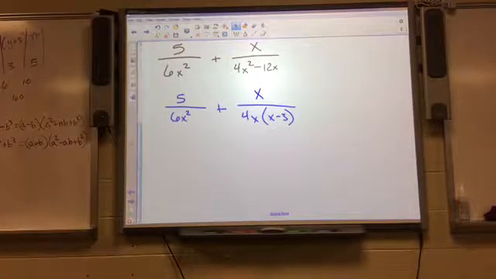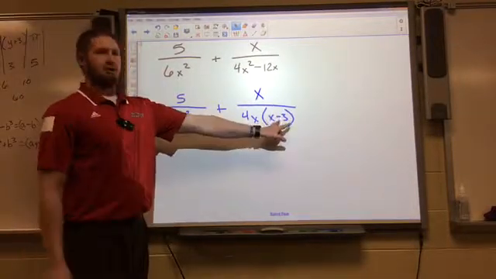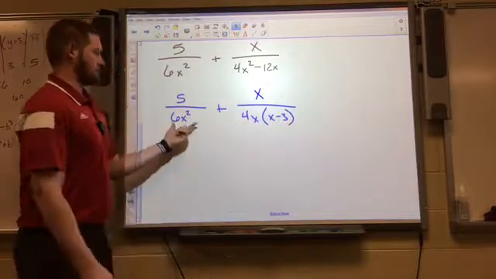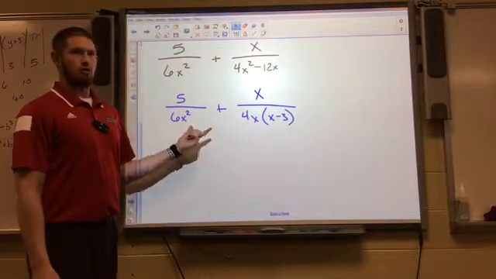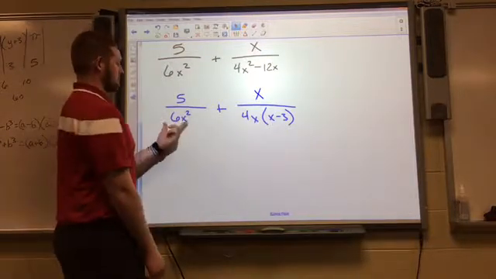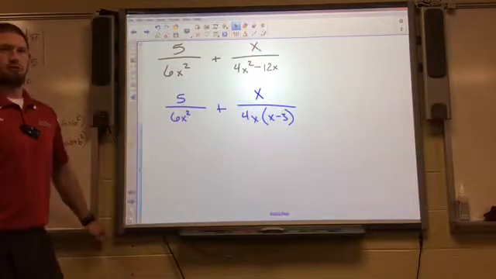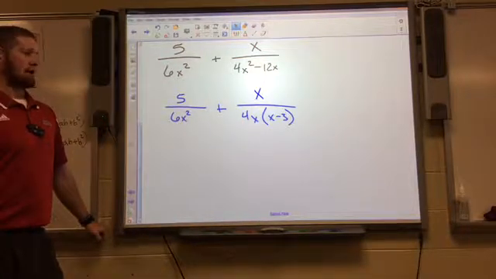Now I have to try to find my common denominator. Again, this is the challenging part of this lesson. Obviously, this x minus 3, there isn't one over here, right? So I'm going to need that. But then I got to find what's common between 6x squared and 4x. What can I change both of those to? I can't go down.